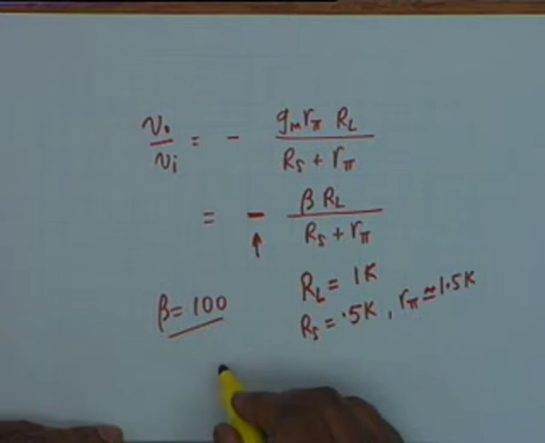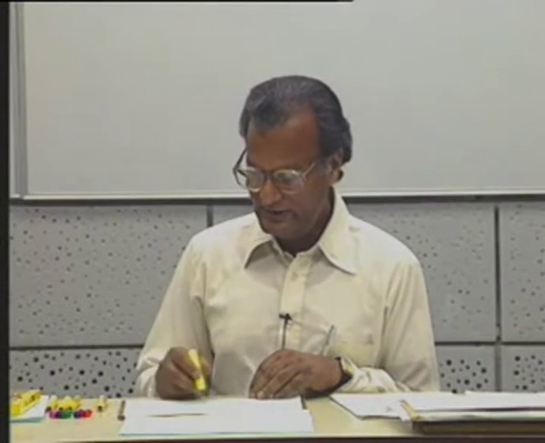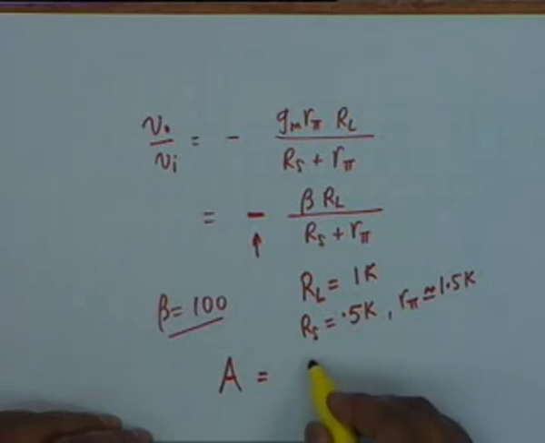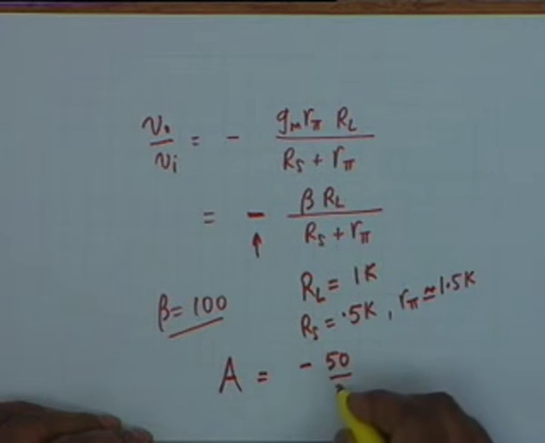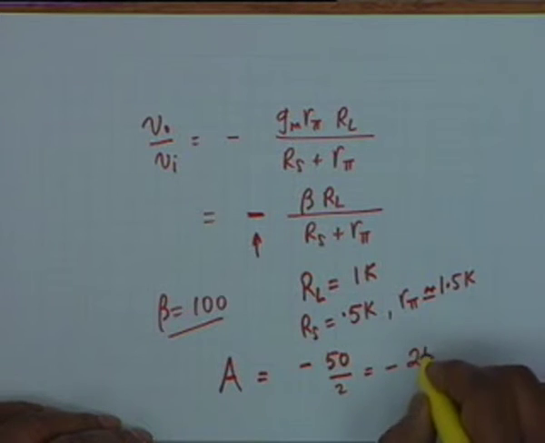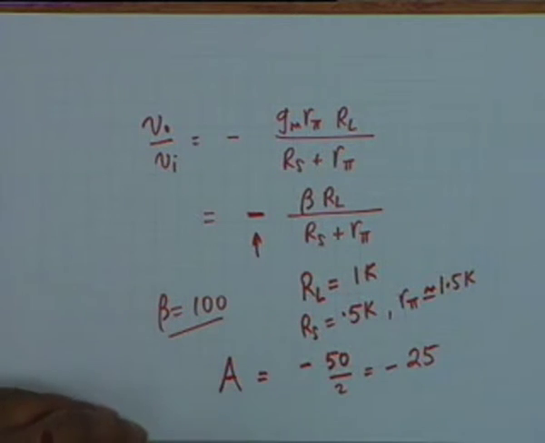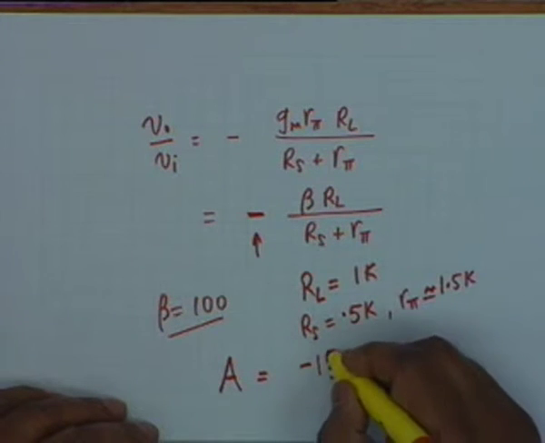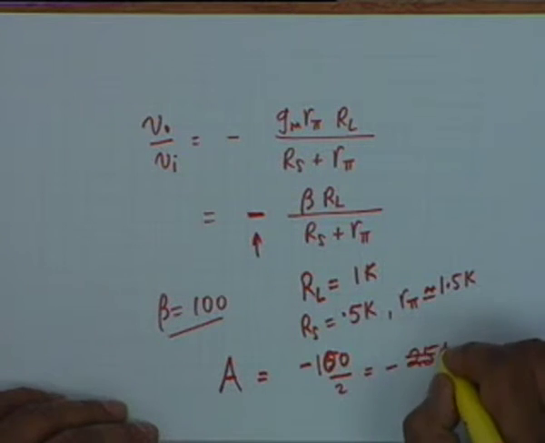Then you see that the gain, which is usually represented by the letter A standing for amplification, for this typical circuit it is minus 50 divided by 2, that is equal to minus 25. Oh, beta is 100, okay. So, this would be minus 50.